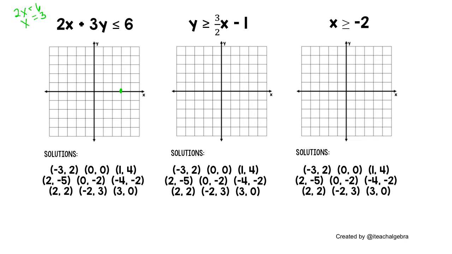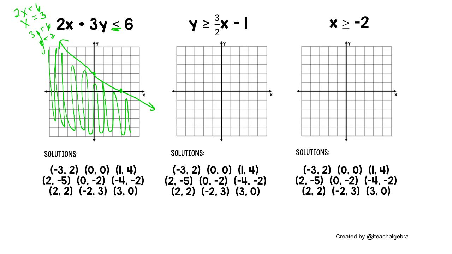I can also say that 3y equals 6, or y is 2 as the y-intercept. Now, this has an equals in the inequality, so this will be a solid line, and it's less than, so we're going to shade below. So down here.